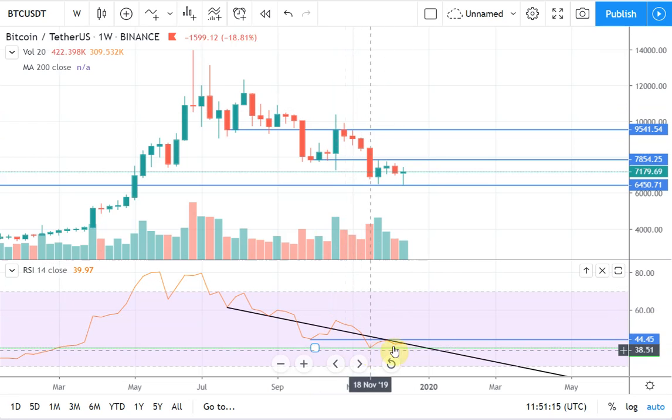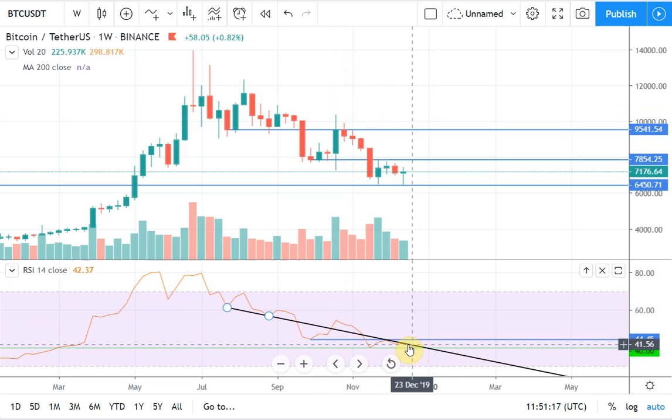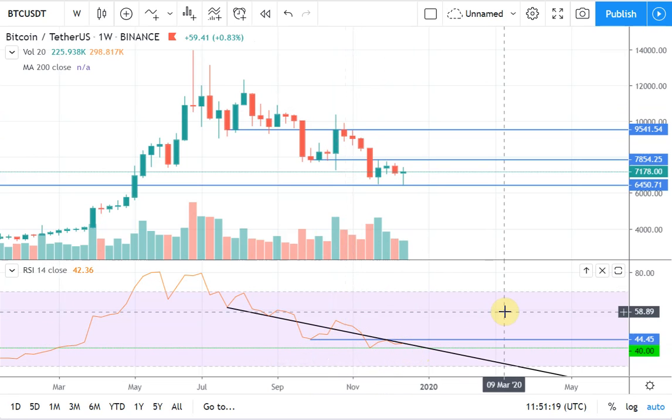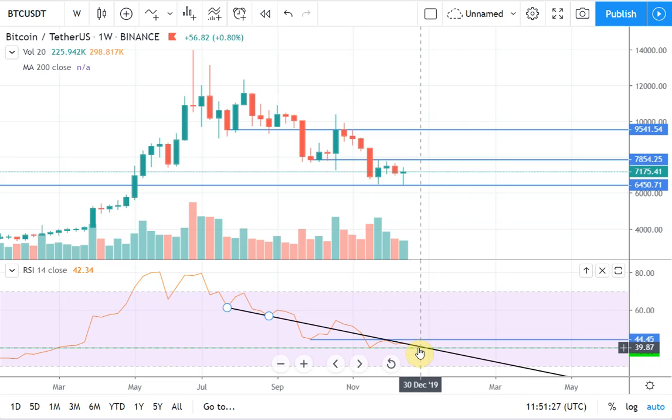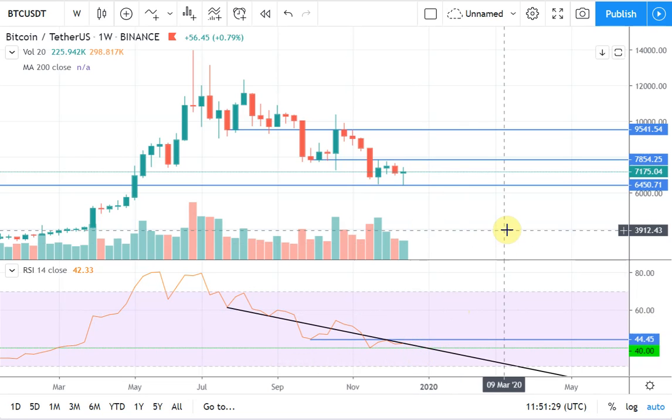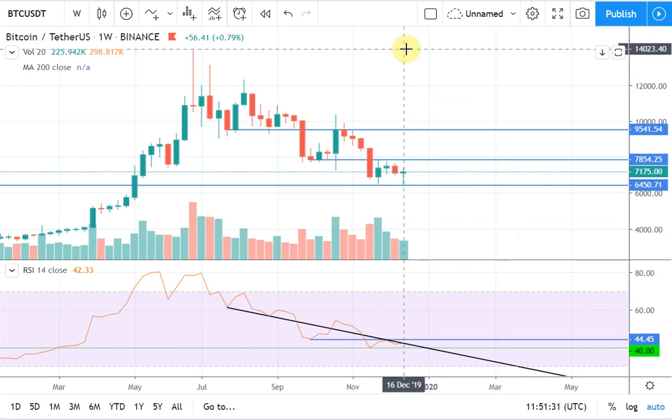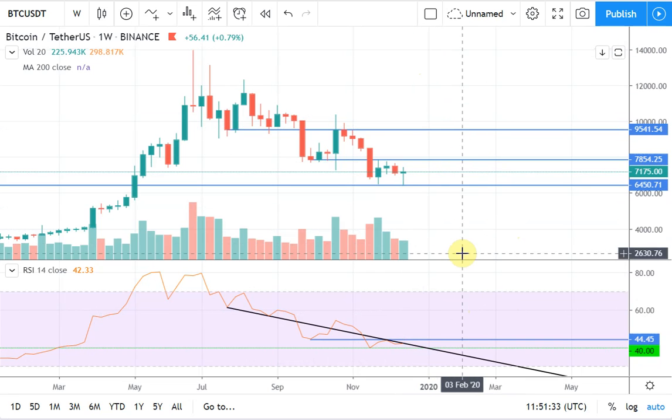But we're approaching this resistance line. I personally believe that once we break over it, we could find support off it, or we might just break up bullish. I'm not saying bullish long term, I'm talking bullish short term.